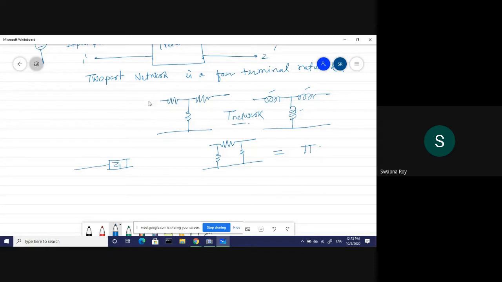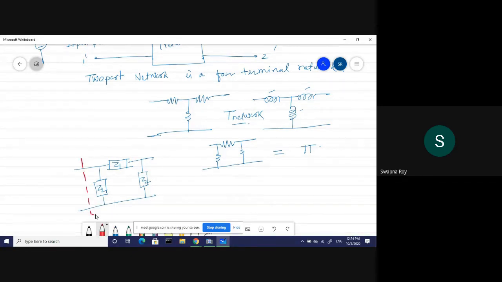Any network, whether it is a pi network or T network, we can represent as a two-port network. So this is Z1, this is Z2, this is Z2, the same value.